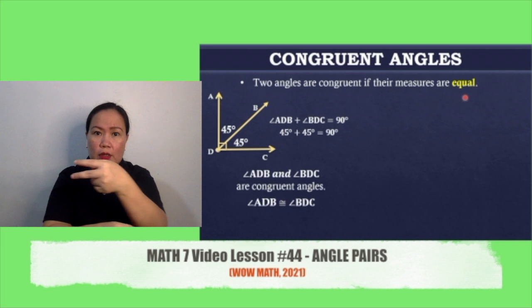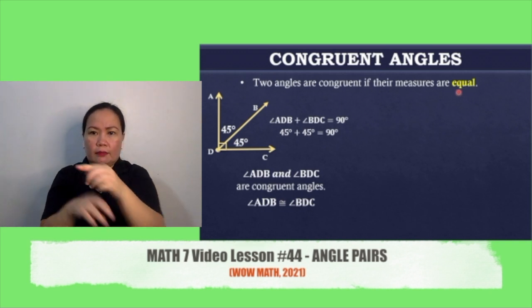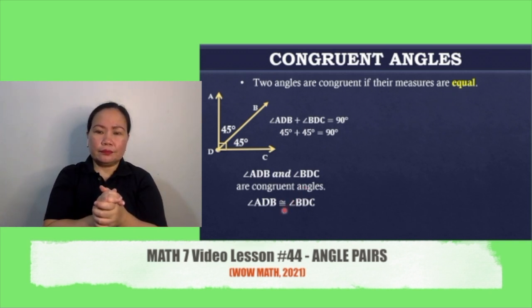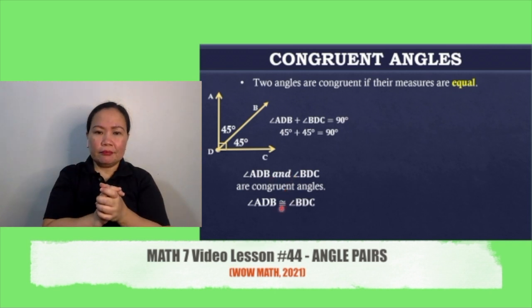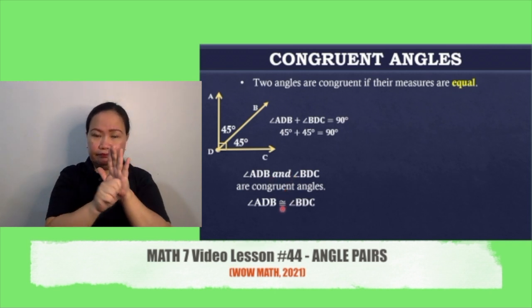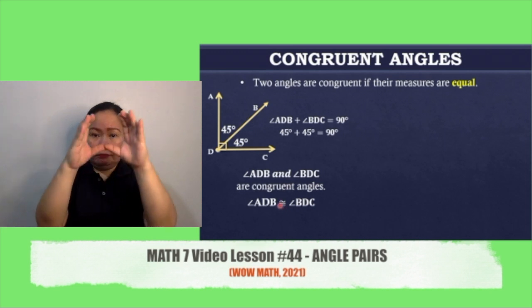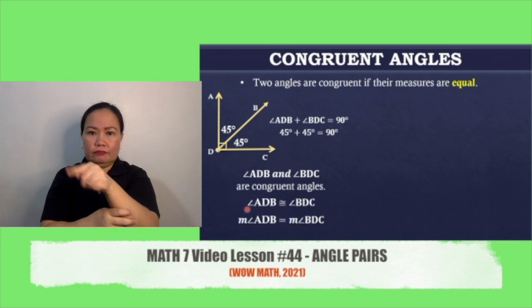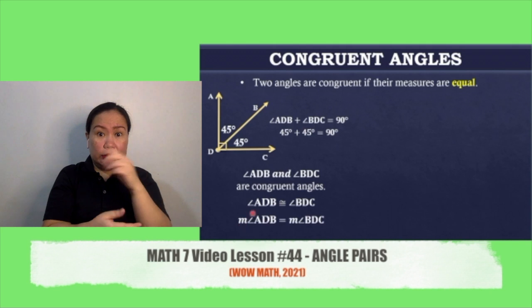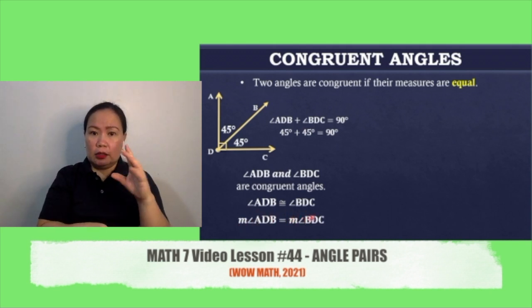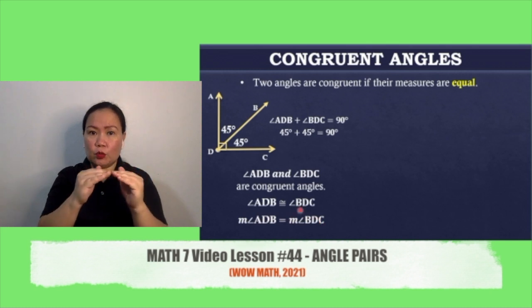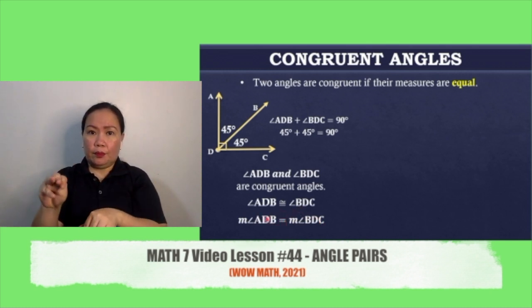Yun po ang basehan nun. Okay? So, dapat equal measures so that we can say that these two angles are congruent. By the way, this is the symbol for congruency. Okay. Now, you may write this as the measure of angle ADB is equal to the measure of angle BDC. So, again, since they are equal, therefore they are congruent.